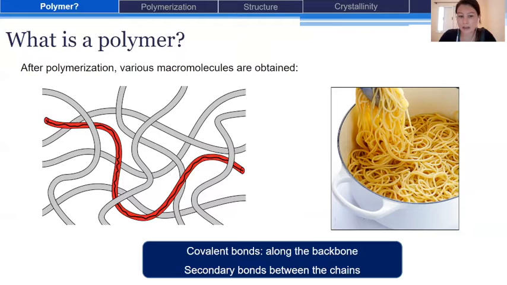And as we said, we have covalent bonds between the repeating units within a polymer chain, but we also have secondary bonds, such as van der Waals forces, between the chains or between some parts of one polymeric chain.